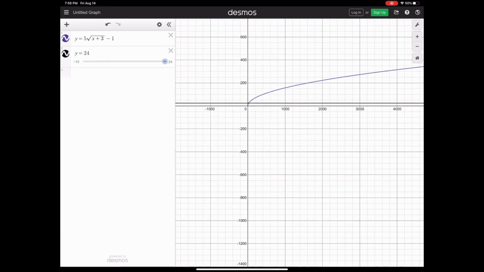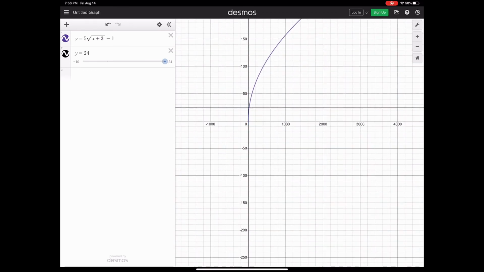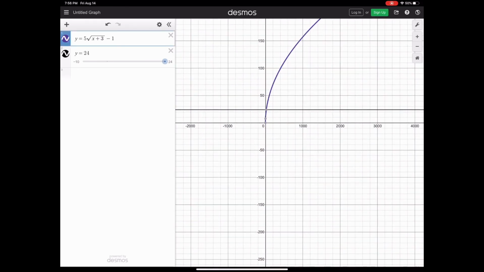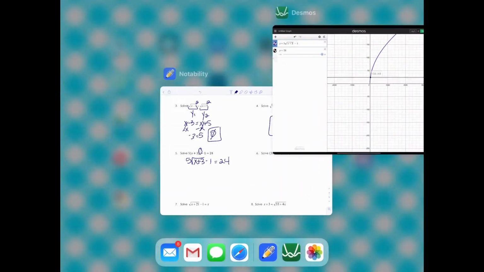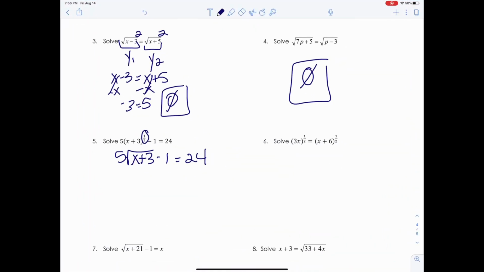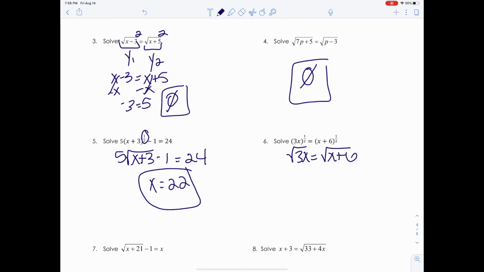Okay, so here's our intersection. I'm just zooming in. Okay, my intersection is where the purple and black line cross. I just click on that, and my x value is going to be 22. So x equals 22. All right, same thing for here. Remember, these are just square roots. Square root of 3x equals square root of x plus 6.